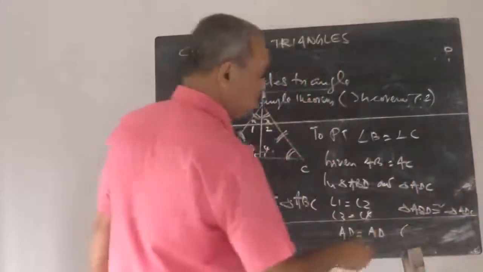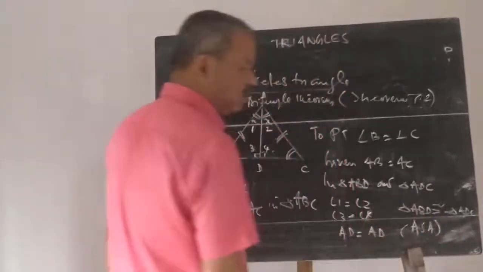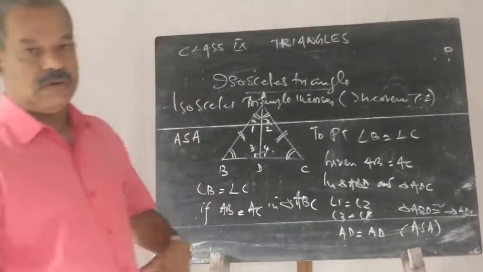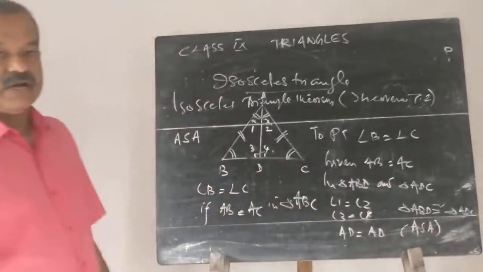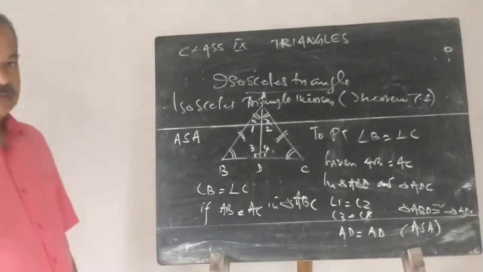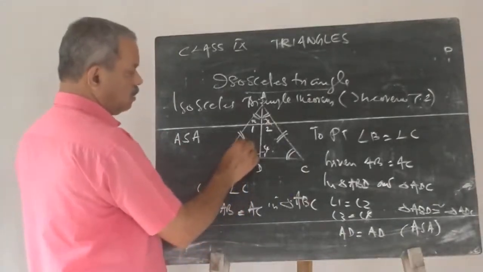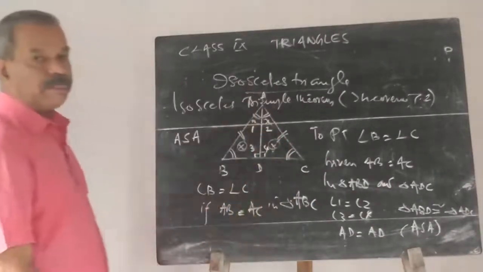Reason: ASA congruency rule. Two angles and included side of one triangle are equal to two angles and included side of another. So by ASA rule we can see that these two triangles are congruent.